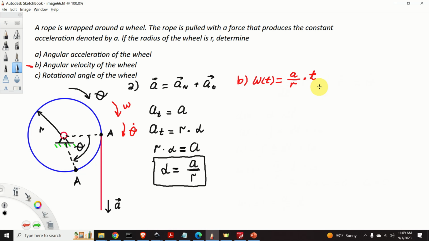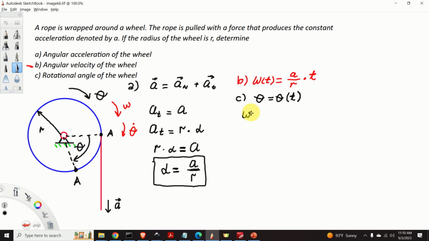In order to make this video tutorial as clear as possible, over here I wrote the solution of problem B. We will need this solution in order to solve problem C. Let's solve problem C. We need to compute the rotational angle. That is, we need to find a function that describes rotational angle as a function of time. How to do that?